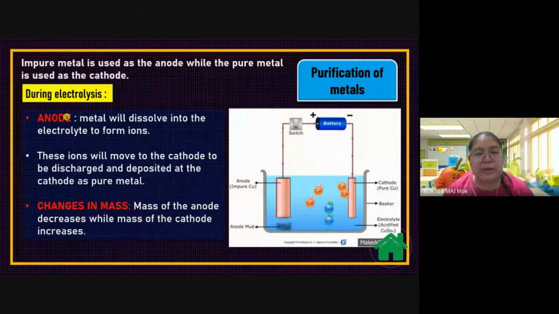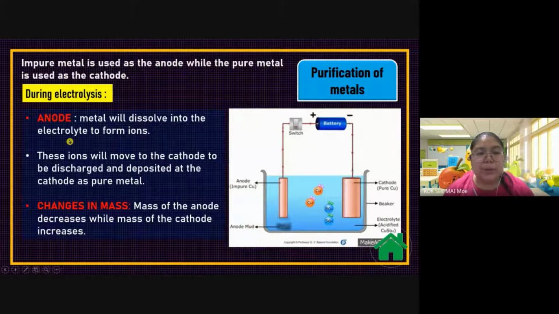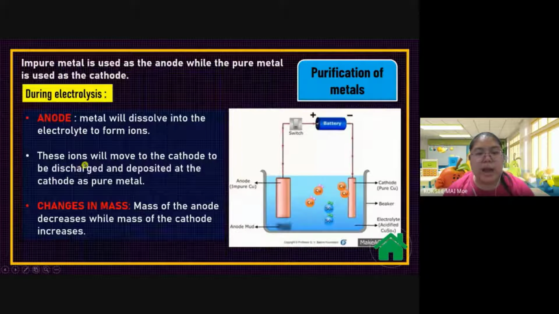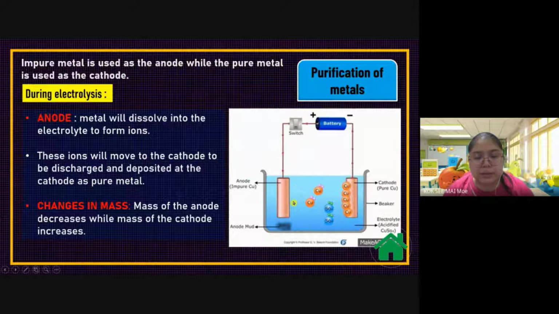Then straightforward, the ions will be dissolved into the liquid. Okay, now the liquid is the electrolyte. So from here, these ions will move to the cathode to be discharged and also deposited at the cathode as a pure metal. So that means later the copper ions will come down. They will dissolve into this liquid.